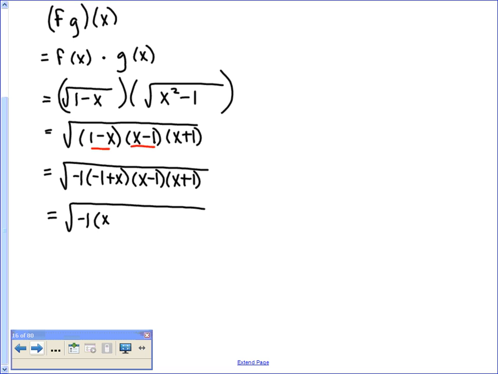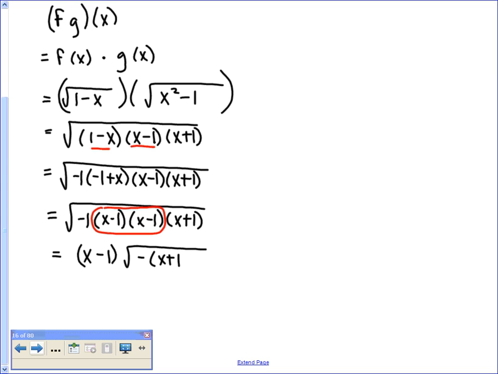That's just the commutative property. It allows me to do that. And the whole reason I did that is because now you see that we have a pair of x minus 1s. And if I have that pair of x minus 1s, then I can take it out. So the square root of that would just be x minus 1. And it has to be in parentheses, times the square root of negative x plus 1. Okay, and so now we have that simplified.